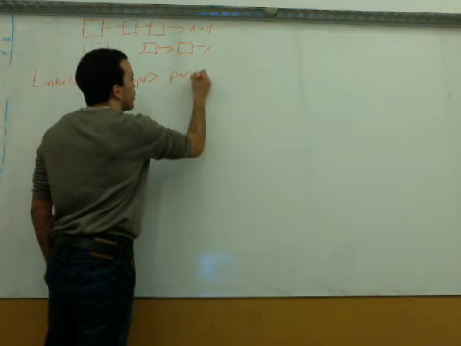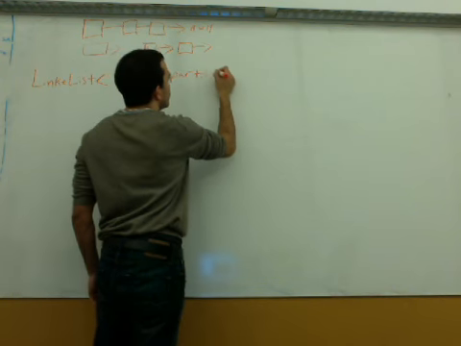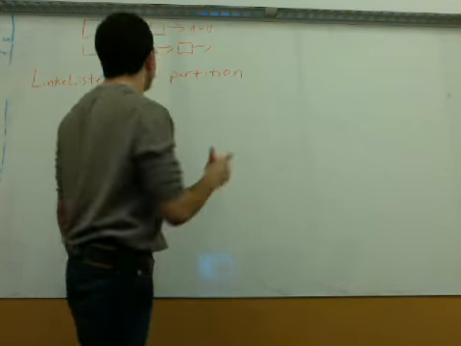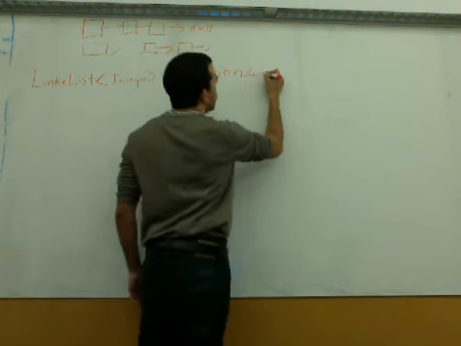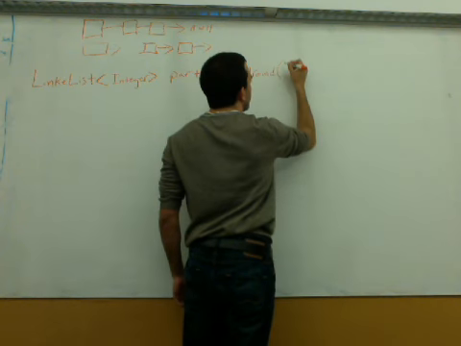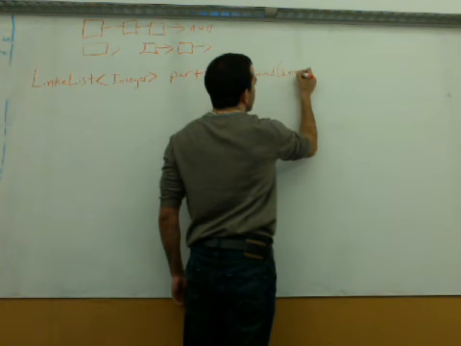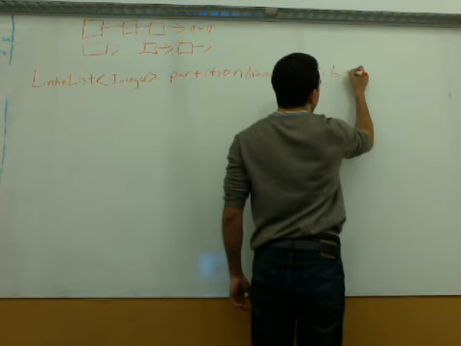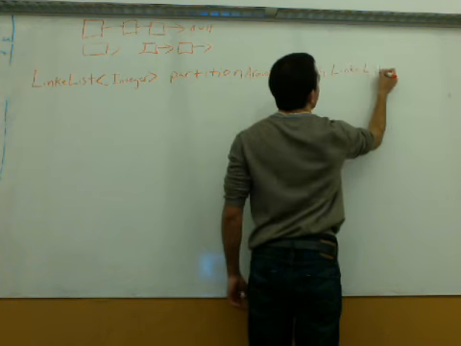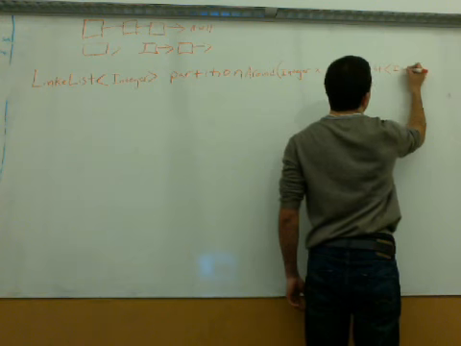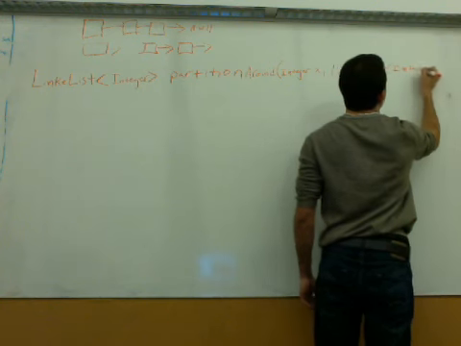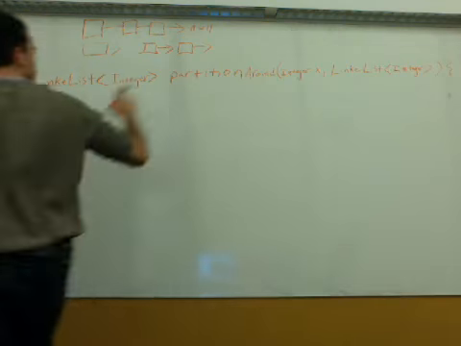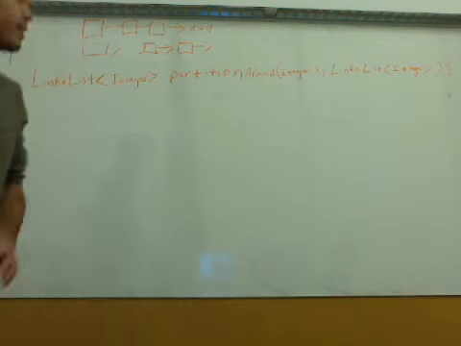We're going to call our function partition around integer X. And it'll also take a linked list containing a linked list of integers. Is that the biggest method signature you've ever seen, or what?